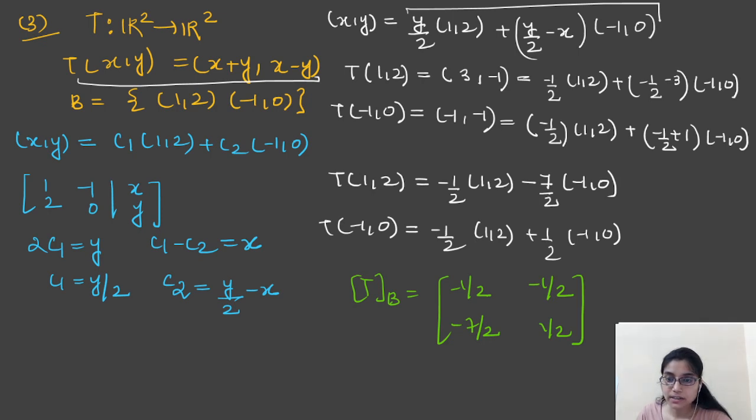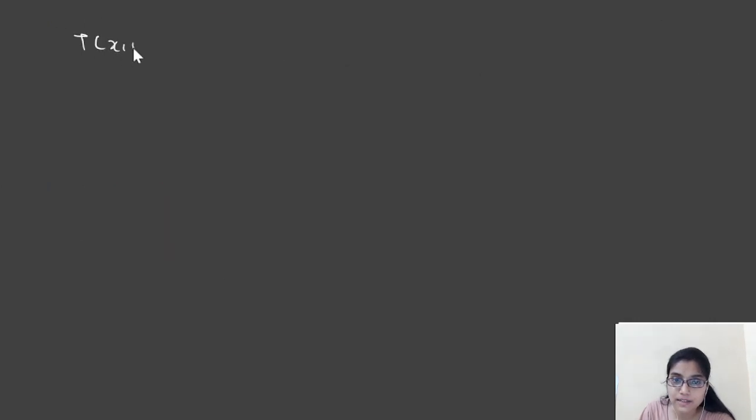And see, one more important thing is that in this question, if I would have asked you to find out the matrix representation with respect to the standard basis, if this linear transformation remains as it is, then you can use that trick which I taught you in the last class.